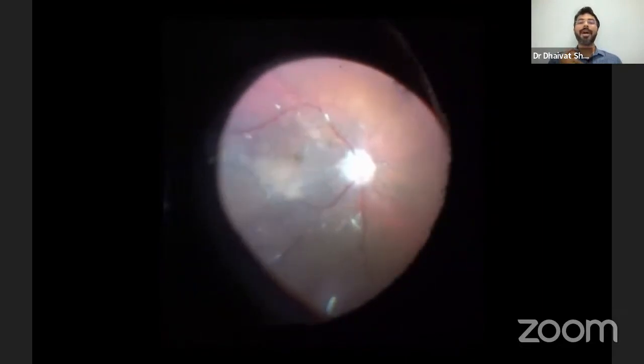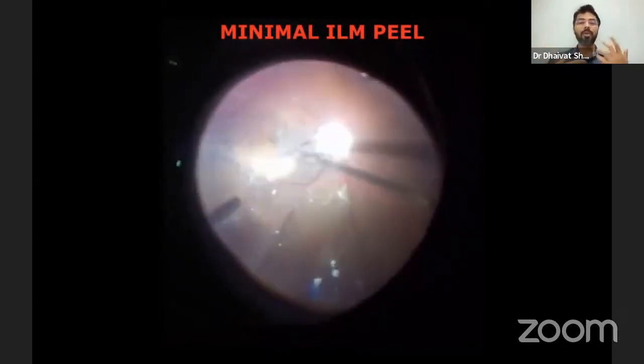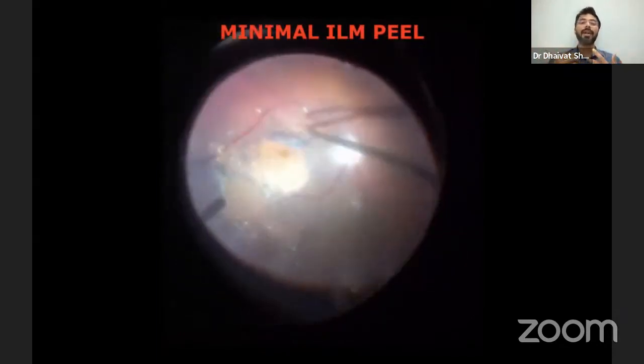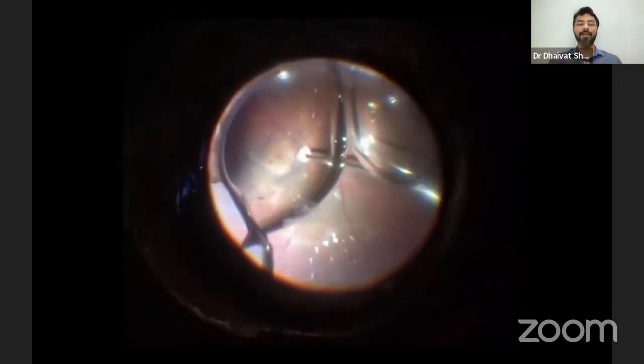So you can see the hyaloid getting beautifully lifted up. So now the PVD was induced. I raised a small flap of the hole and I just peeled around the area of the lamellar macular hole. What I did differently is I did not try to do all the fancy techniques, nor did I try to peel extensively. I did not try to do an arcade to arcade peel. I just removed the ILM and the ERM over the surface and put a good tamponade.